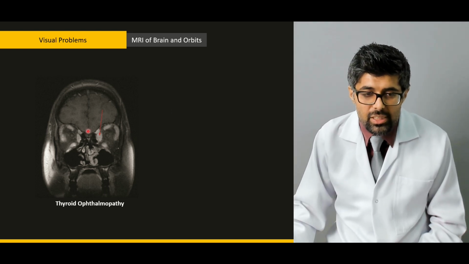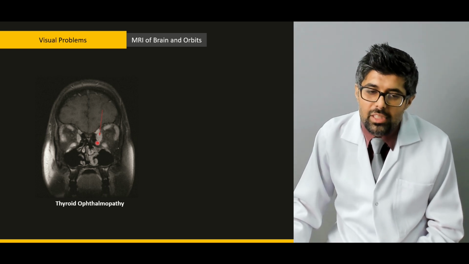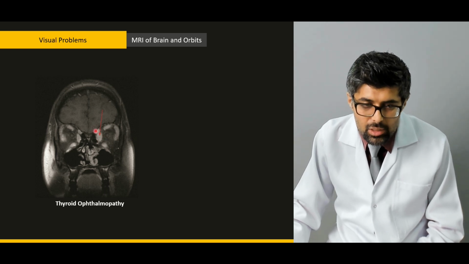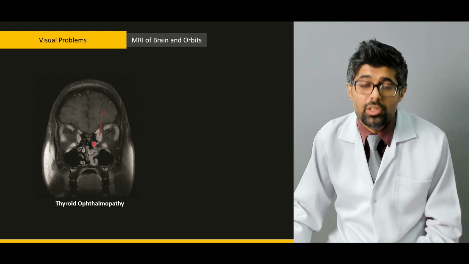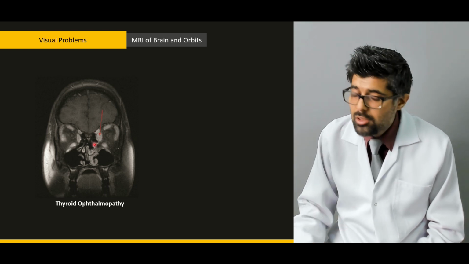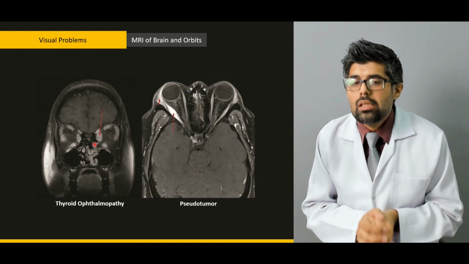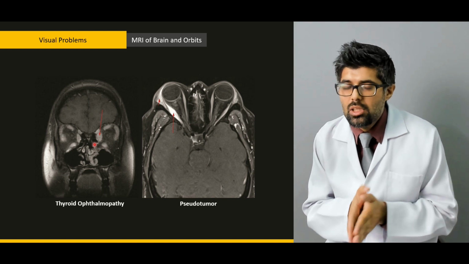Here we can see that the left medial rectus is more prominent. This only happens in the exophthalmos during Graves' disease. This does not happen elsewhere. Now we have another category called pseudotumors.